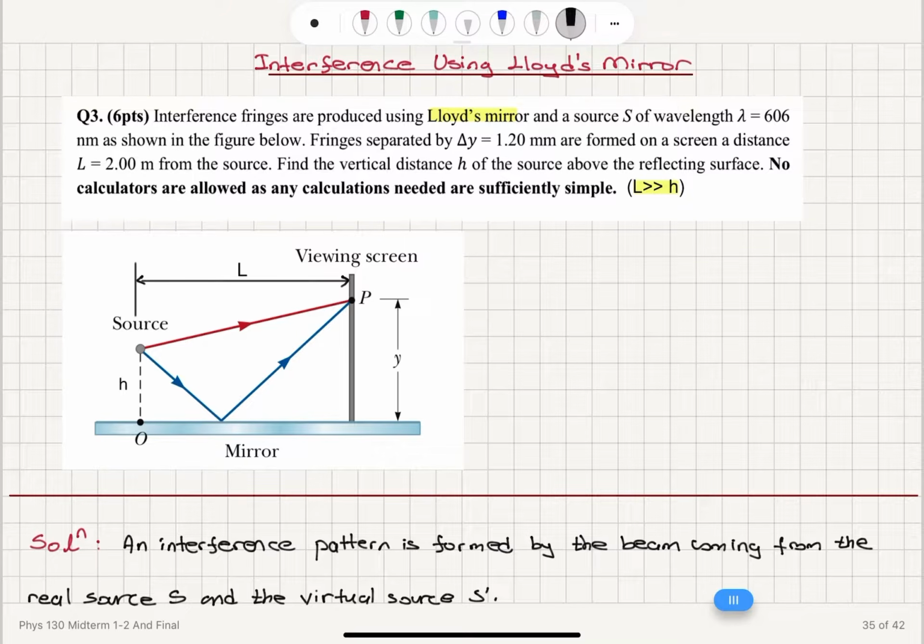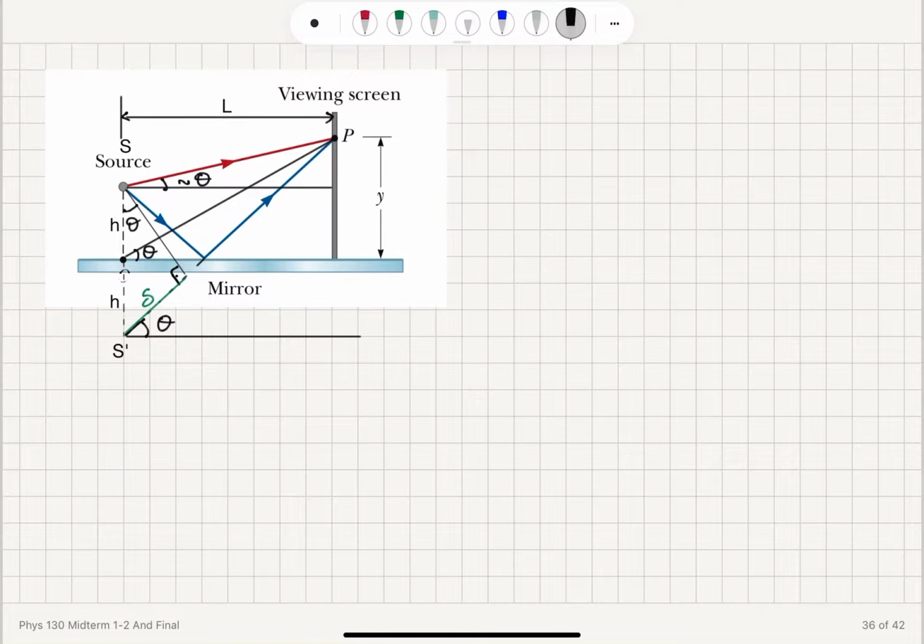So the beam from S prime is the reflected beam from Lloyd's mirror.